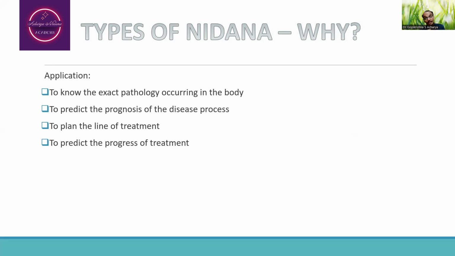Next, to plan the line of treatment. Ayurveda says that ideally the line of treatment is elimination of the pathogens or the vitiated dosha through the nearest route. Think about the whole human body, among the intracellular, interstitial, intravascular, and alimentary canal compartments.